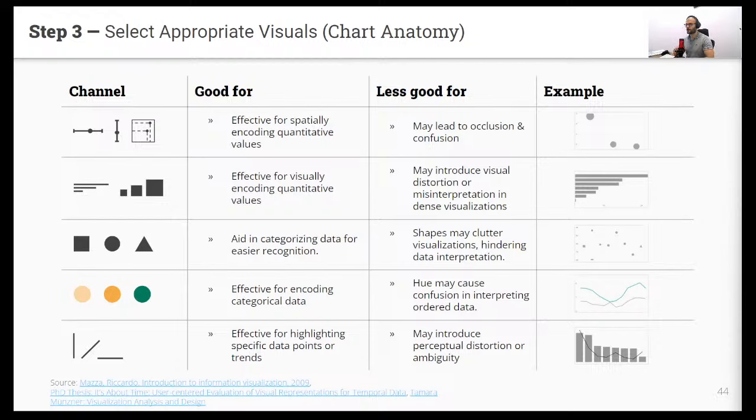Now the top one, the position one, is extremely effective for showing spatiality encoded in the quantitative values, meaning that you can see exactly what the value is if you have not encoded another dimension on the actual dots.